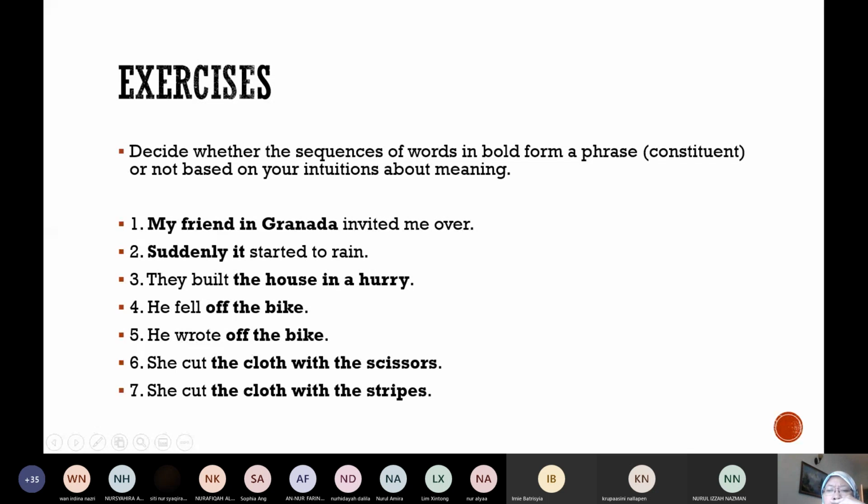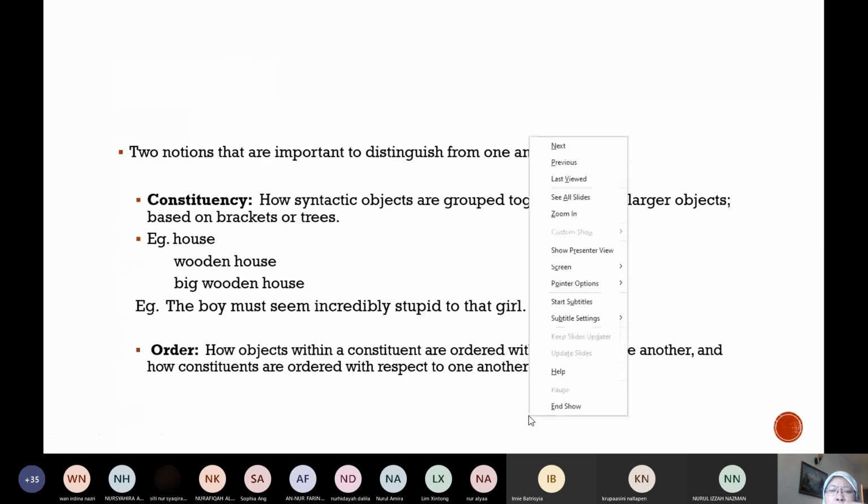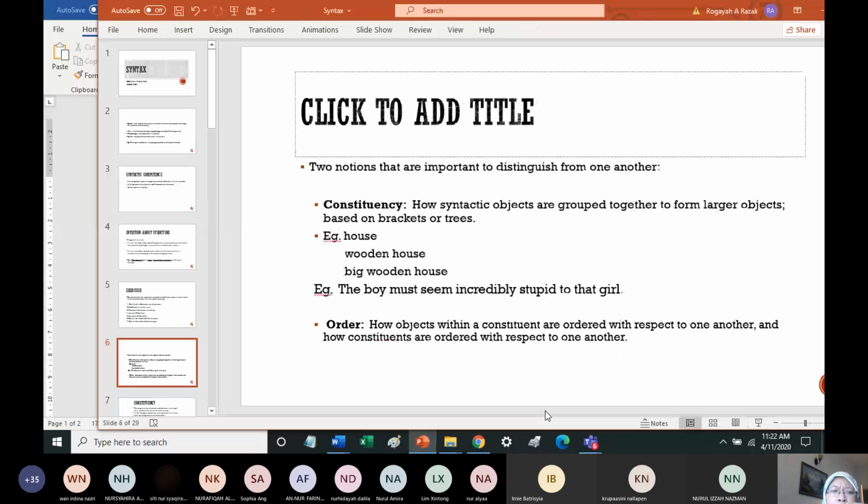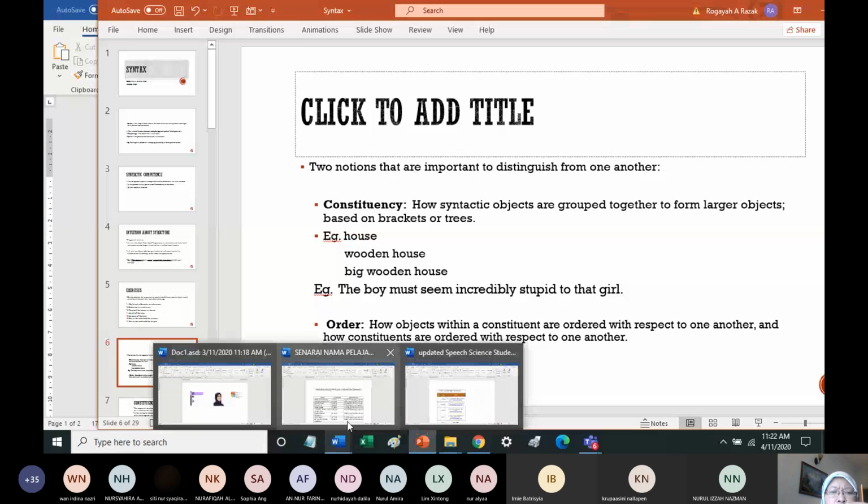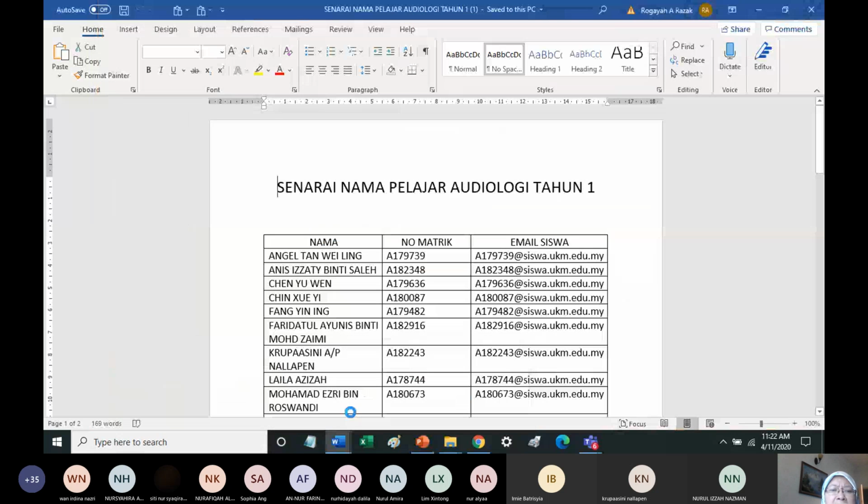Okay. I'm going to look at my name list. I'm going to get Krupasini.